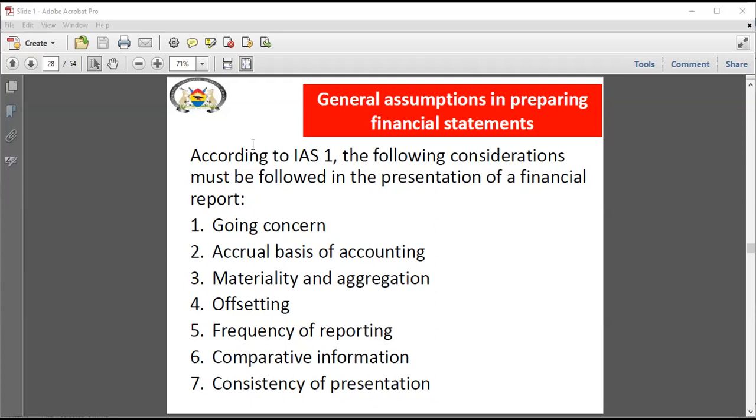Some of the things that repeat: offsetting. Offsetting might happen in cases where a business has another company that is both a customer and also a supplier. If I own a garage, my customer is, let's say, Airtel.